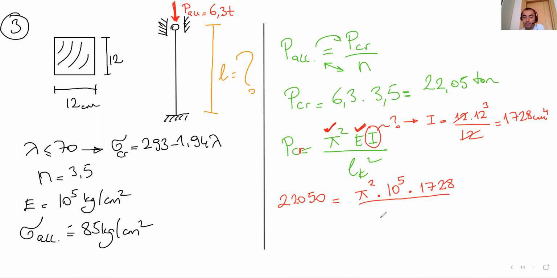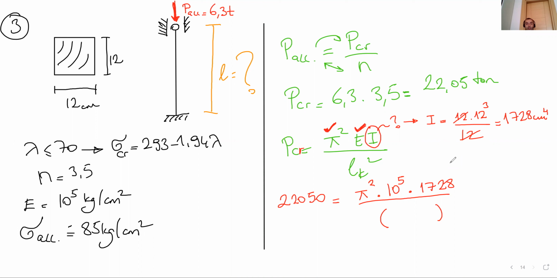Here we are gonna put the buckling length. We don't know the total length, but what is the buckling length for this support condition? The top is pin, bottom is fixed.